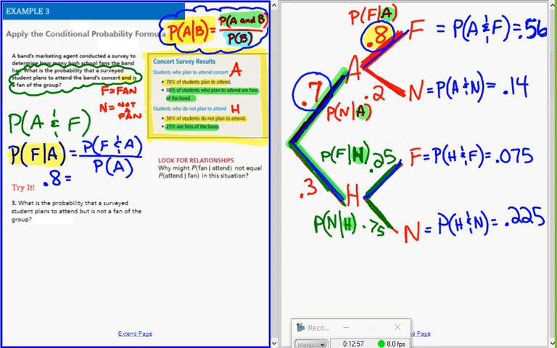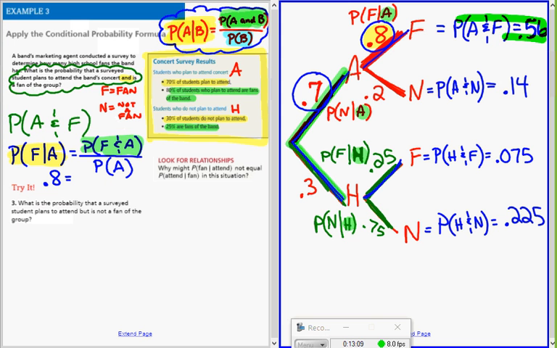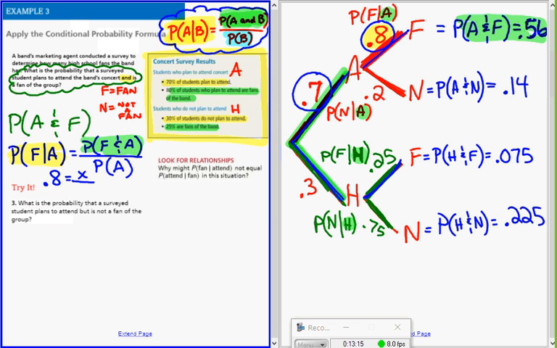The top right, the percentage or the probability that you are both, that was up here in green. And it's right here in green. And that is actually what we didn't know. It's what we were looking for. So in this formula, I would call that X over. The denominator is just the probability of attending, and that was our 0.8, right? That blue denominator right here.